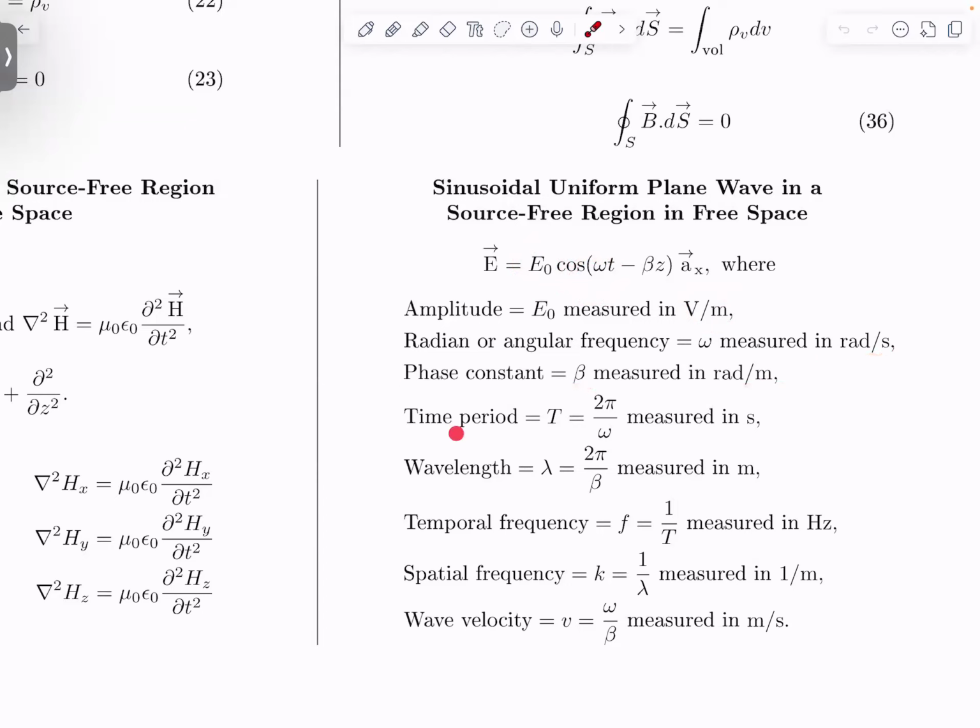This value is 0.5, and if t equals 0, this happens at z equals 1 by 3.